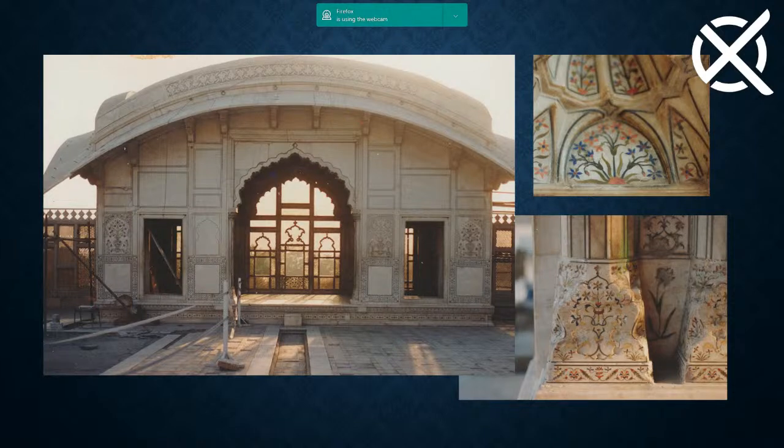It is the Queen's Pavilion, and it's situated inside the fort. It is a marble structure, very, very small. It was built for Emperor Shah Jahan's queen.